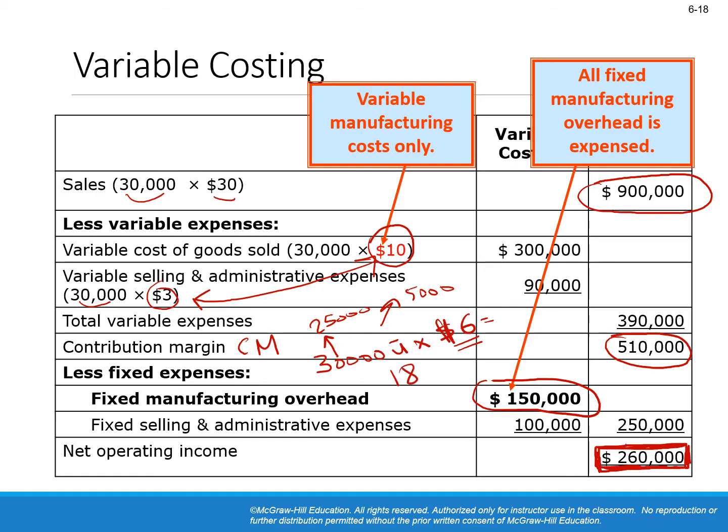So you will have a fixed manufacturing overhead cost of $180,000, which is greater than the $150,000 that you see under variable costing. So under absorption now, you will have a higher cost by 30,000. So you would expect a net operating income for absorption costing that should be equal to 260,000 minus 30,000. So 230,000. Let's see that.